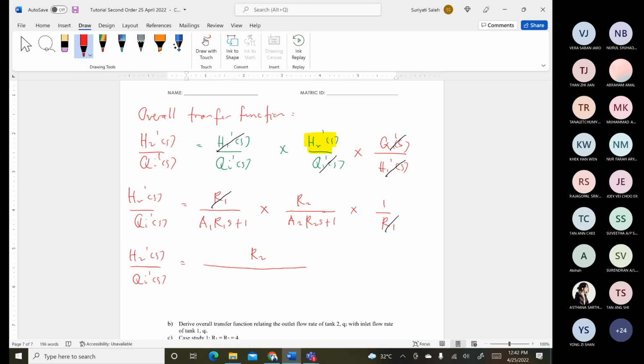And for the denominator, you have the A1 R1 S plus 1, multiply with the A2 R2 S plus 1. So this is the overall transfer function relating the second height, the height of the second tank, with your inlet flow rate.